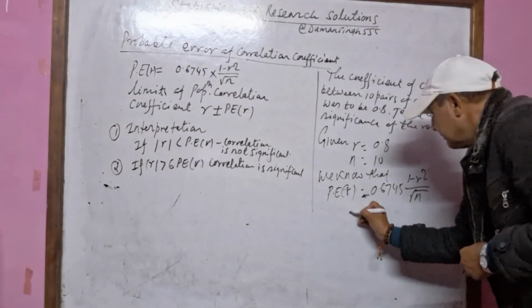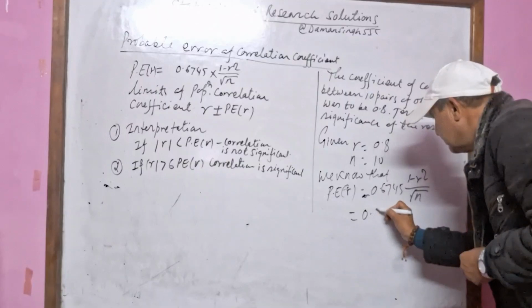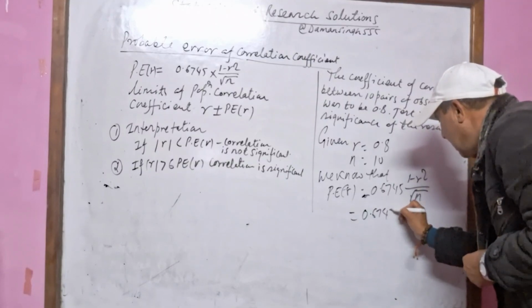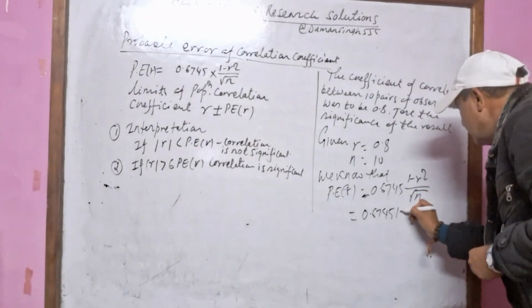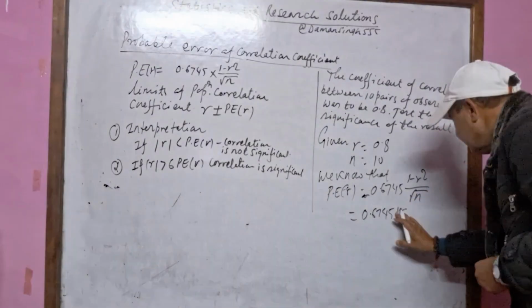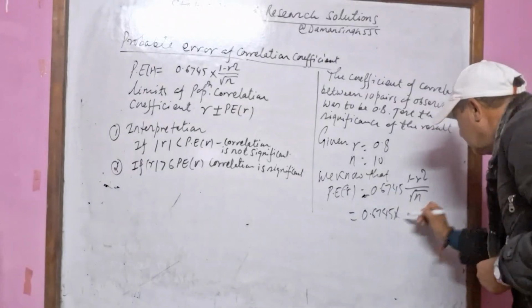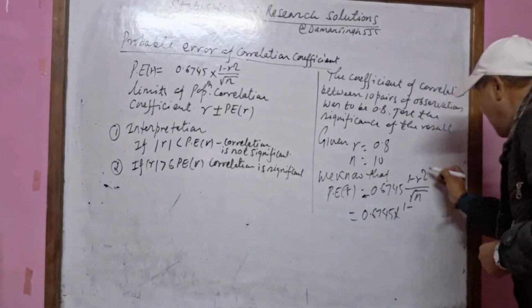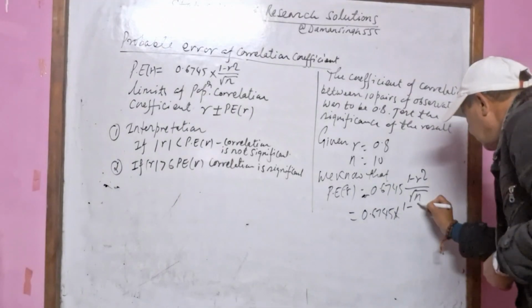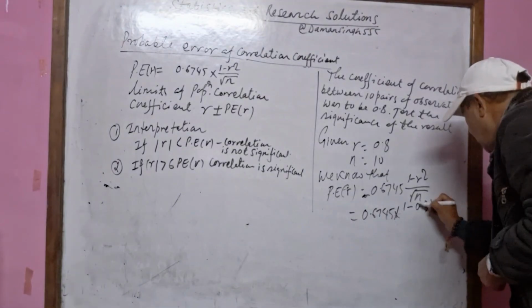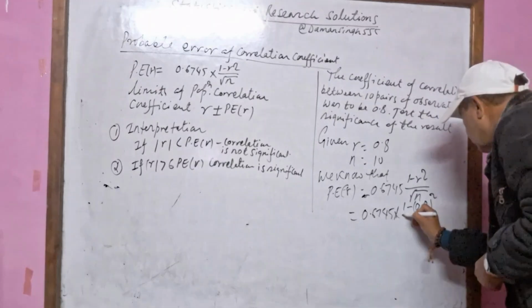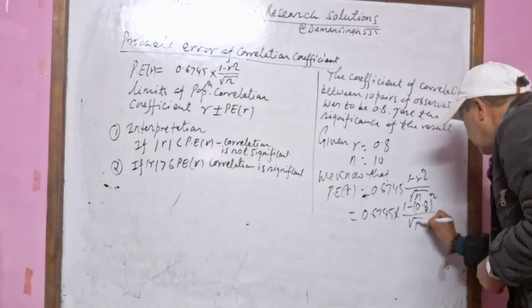Then you write 0.6745 times 1 minus R square, which is 1 minus 0.8 whole square, and under root n is under root 10.